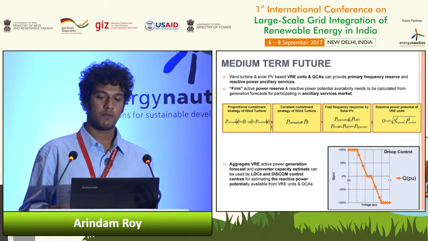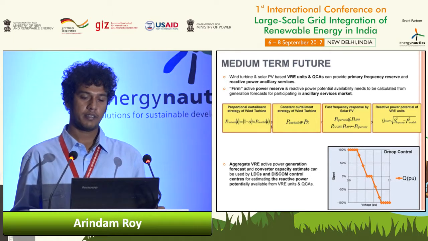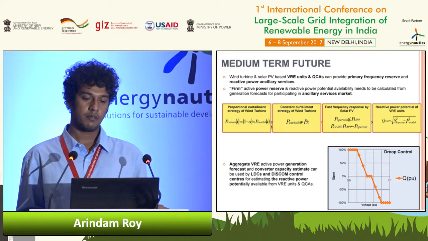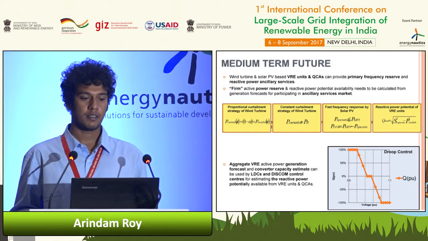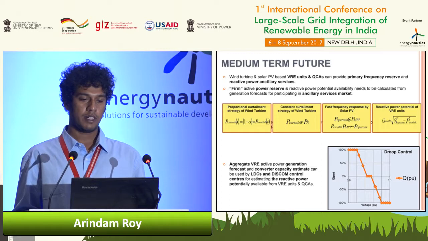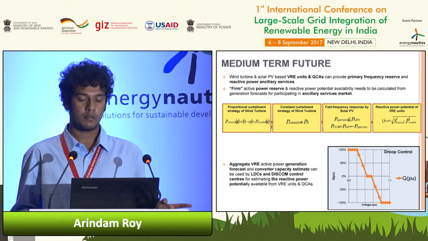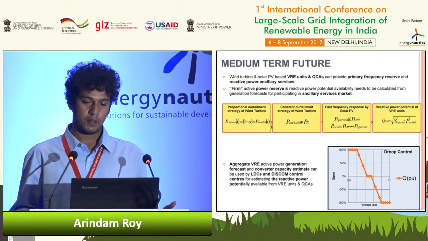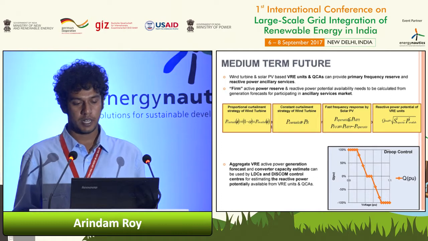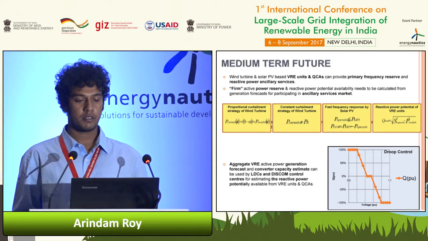In the medium-term future, with lots of wind and solar already in the grid, it is expected that the VRE units and the QCAs should start providing some ancillary services. There are different methods for wind turbine control strategy and PV power plant control strategy, and using these, the primary reserve can be provided.